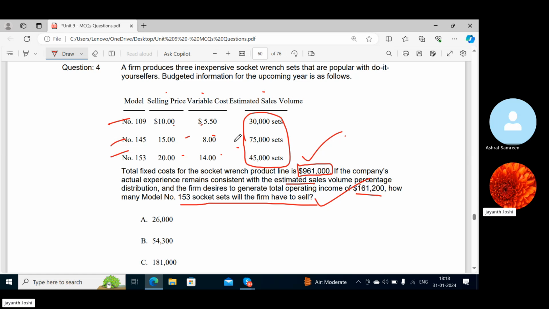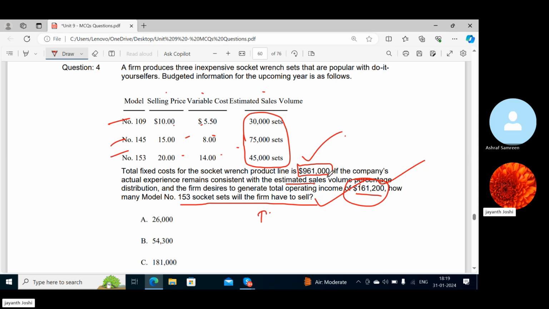The company's actual experience remains consistent with the estimated sales volume percentage distribution, and the firm desires to generate a total operating income of this much. How many of this model will the firm have to sell if they want to generate this operating income? Now, did you understand the question? Yes, sir.